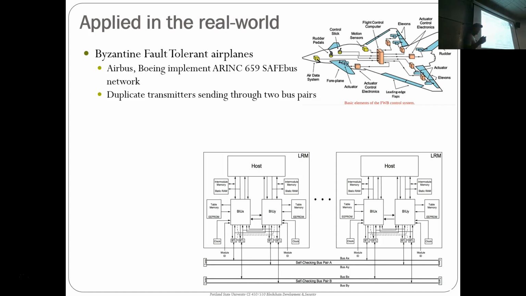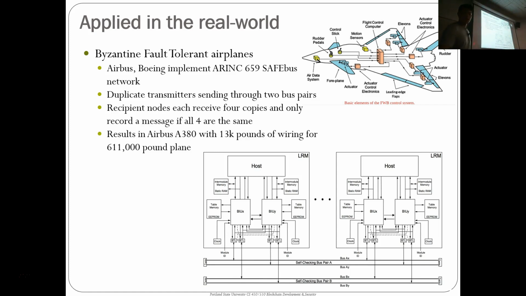And so this is the reason why the Airbus has basically 13,000 pounds of wiring for a 611,000 pound plane. Because all of this wiring is to get the redundancy to avoid crash faults and Byzantine faults on an airplane. So this is why airplanes are much safer than you might think.